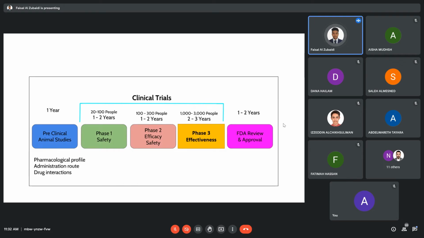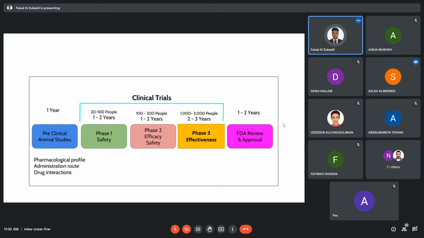In phase 2, we will have a larger group of the population, and we will start testing the efficacy of this drug. We will be introducing ill patients who have the certain disease that we want to experiment on, and we will give them the medication.